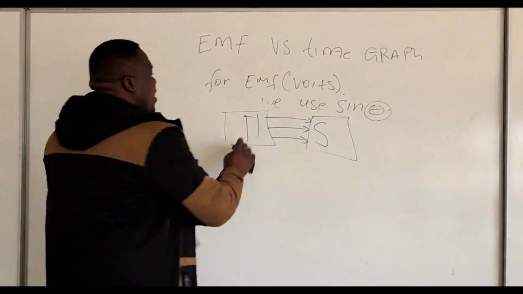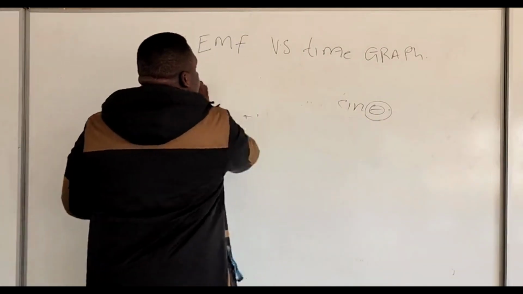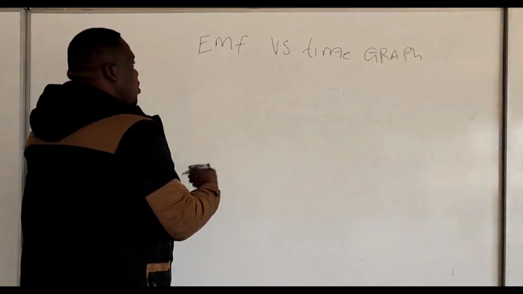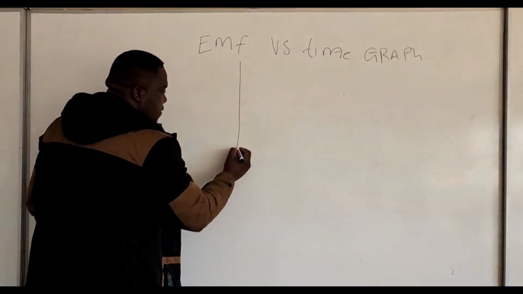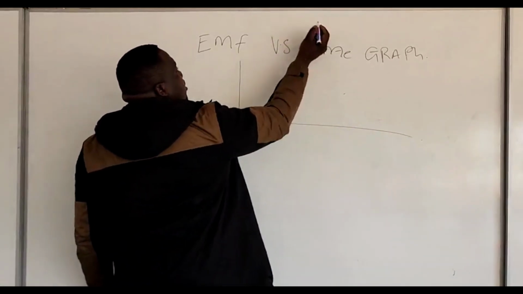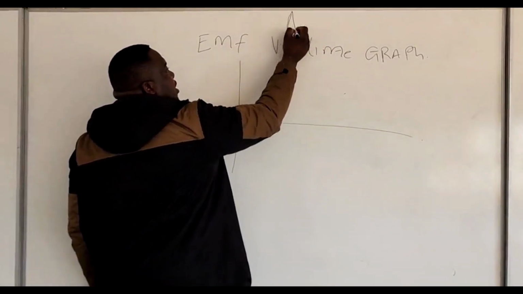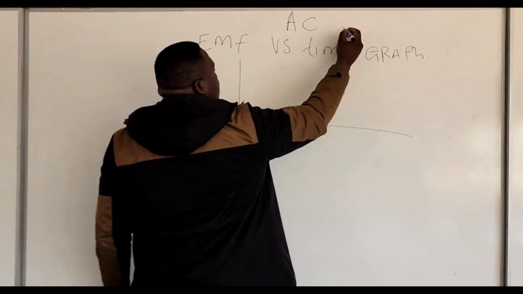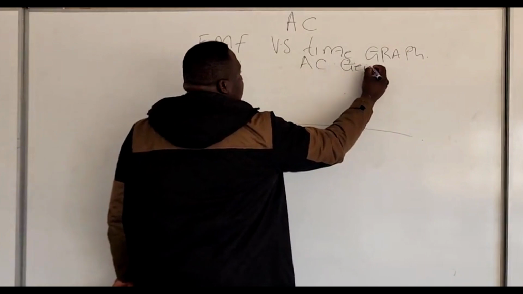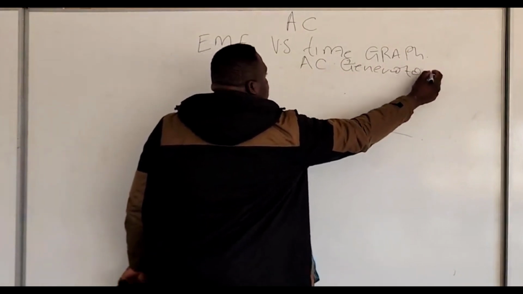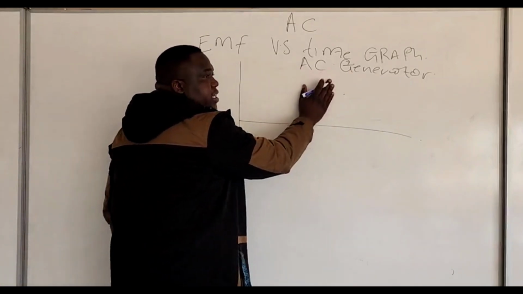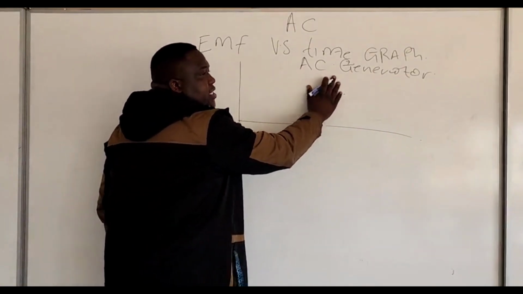Let me remove what I have on my screen. Okay, I've erased it. So we're going to have our Cartesian plane. Remember that we're talking about an AC generator, which is the alternating current and the alternating voltage.